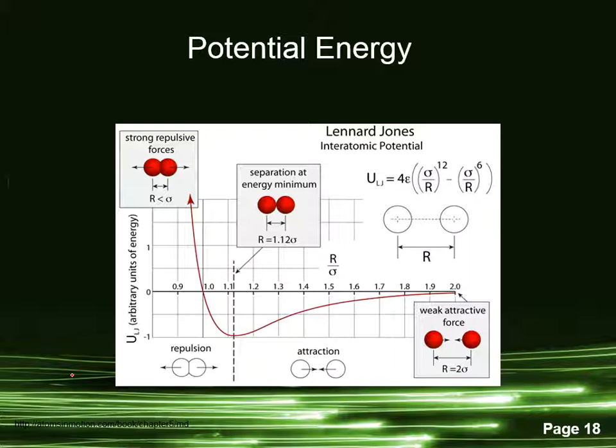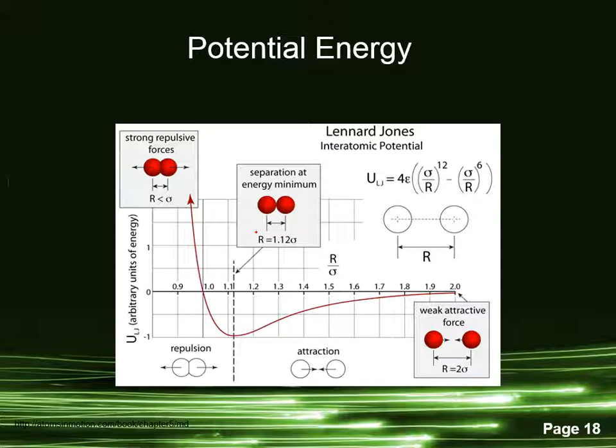Remember, ideal behavior means the gas molecules don't interact with each other. Only kinetic energy is present, no potential energy. But at high pressure and very low temperature, there are molecular interactions because the distance between molecules is close.